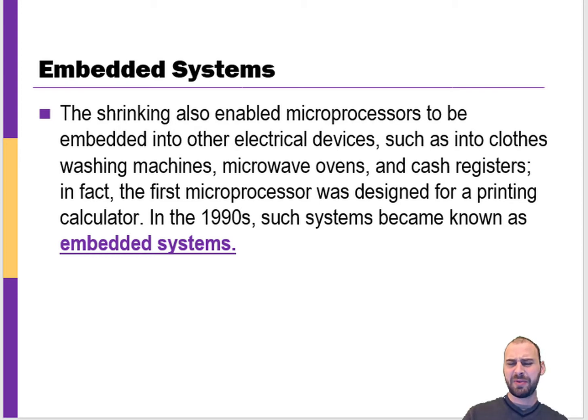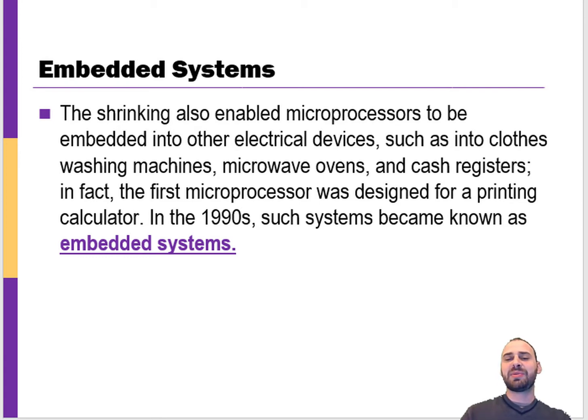But this is important if we're going to actually talk about, well, what is an embedded system? Well, embedded systems are made possible by the fact that we're able to have cheaper microprocessors that can be very small, that we can now embed into other types of electrical devices.